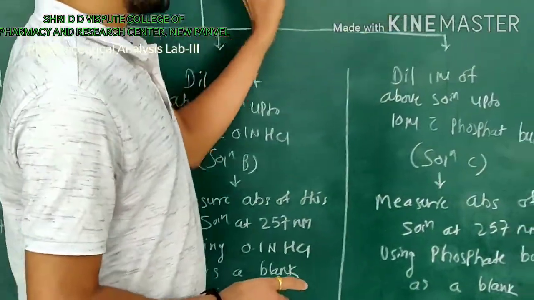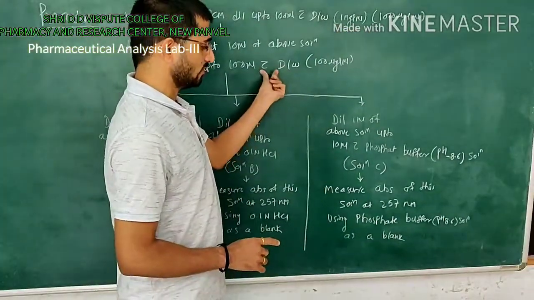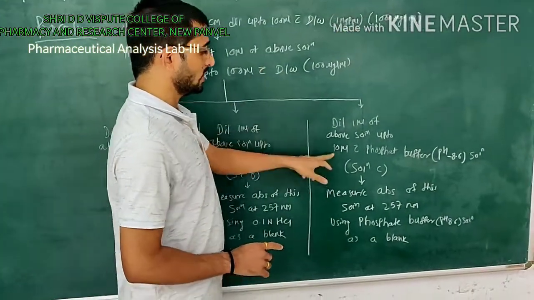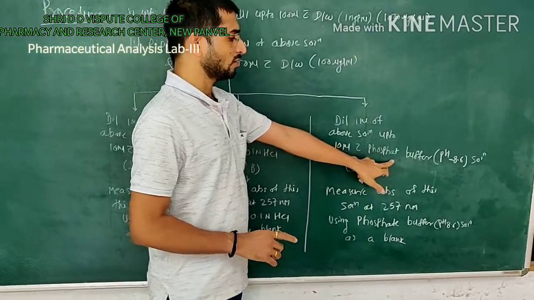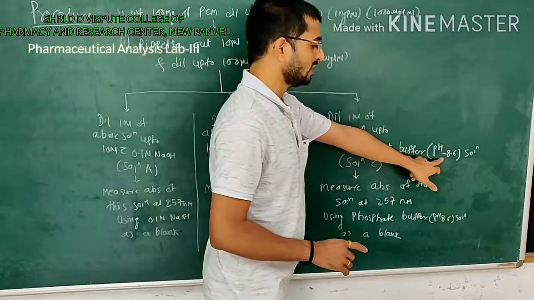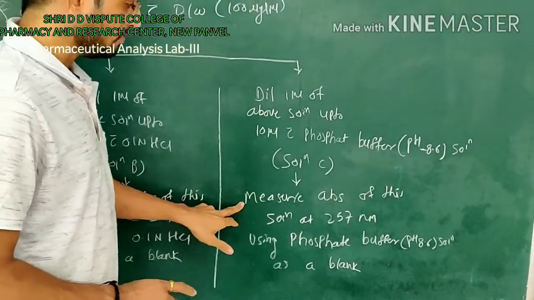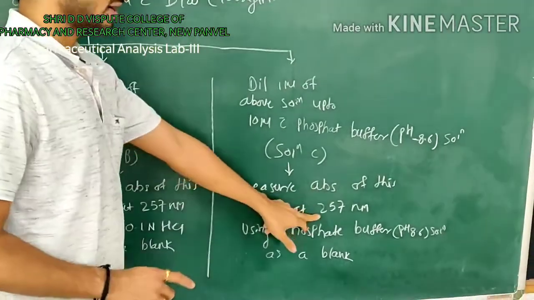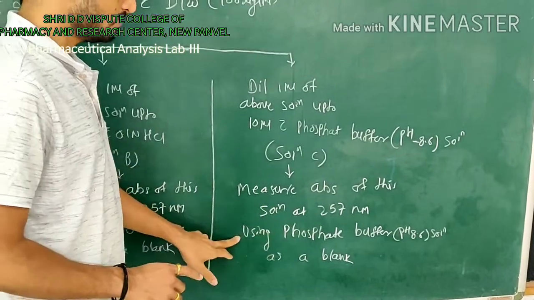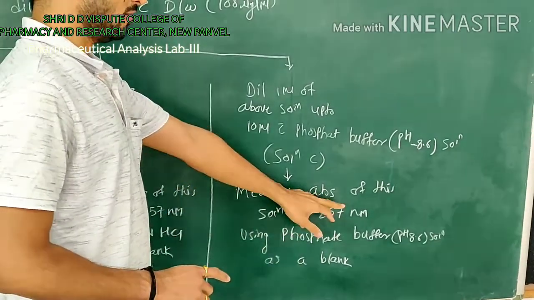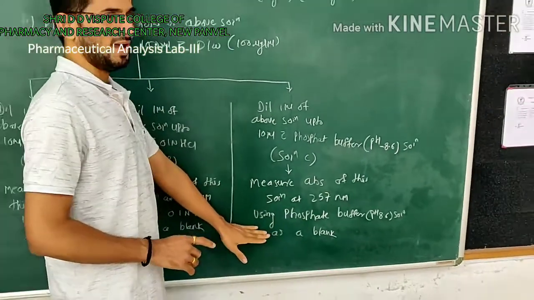Next, take 1 ml of the 100 microgram per ml solution and dilute up to 10 ml with phosphate buffer solution having pH 8.6. Label the solution as C. Measure the absorbance of this solution again at 257 nanometer, taking phosphate buffer pH 8.6 as the blank.